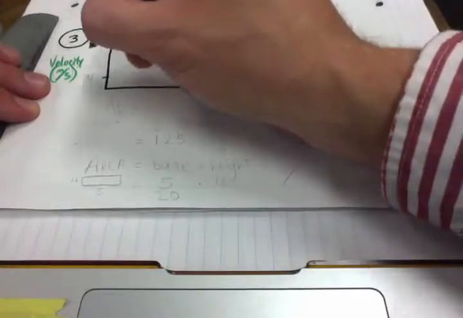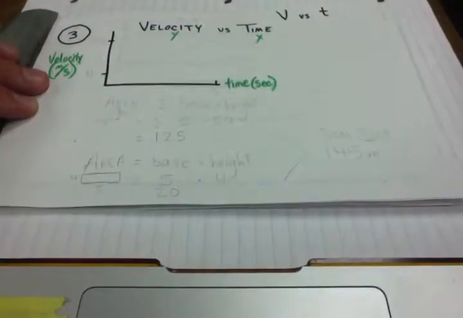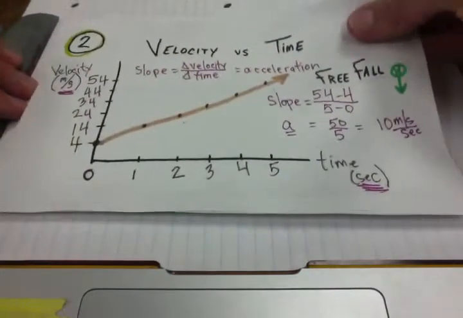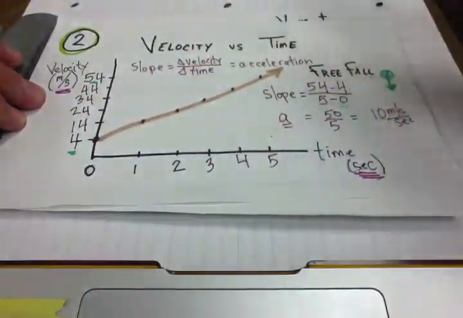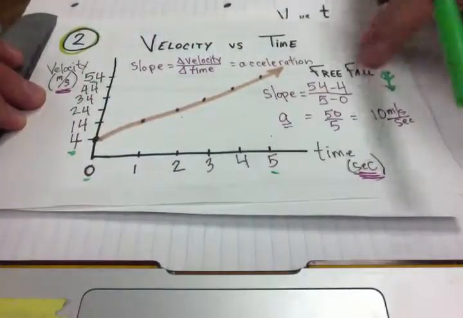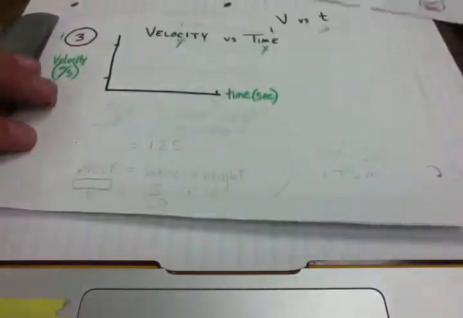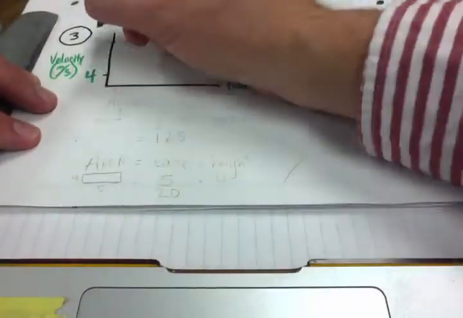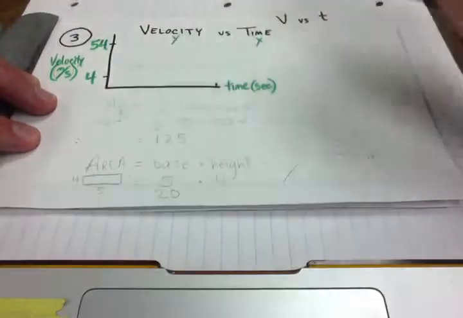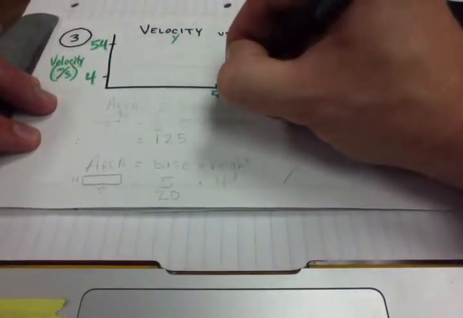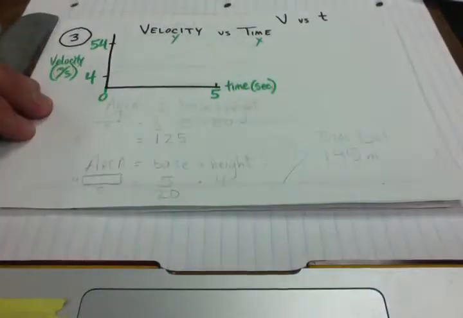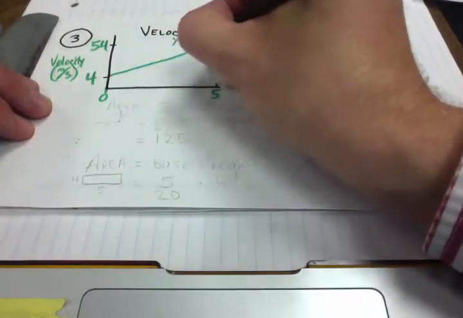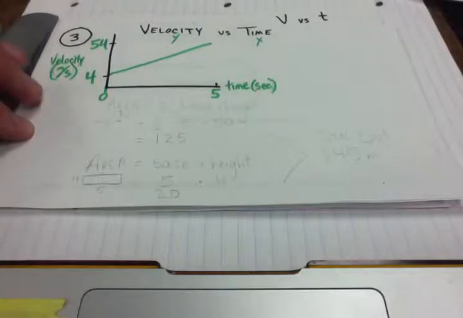So let's say we had this same picture. I'm just going to include 4 and 54 and keep those same increments of time set up there. So we go from 4 up to 54, and we'll finish off at 5 seconds, and this is 0. And then we had our line on there that kind of looked like that.